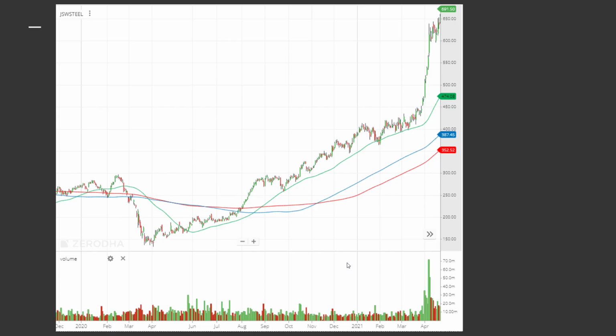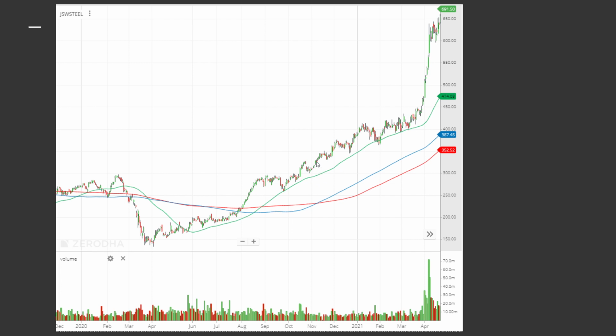Here is a graph which shows three lines. The top graph, the green line is the 50-day moving average, the blue line is the 150-day moving average, and the red line is the 200-day moving average. And if you see carefully, around November is where the 150-day moving average went above the 200-day moving average, and the 50-day moving average was already in the upward direction.